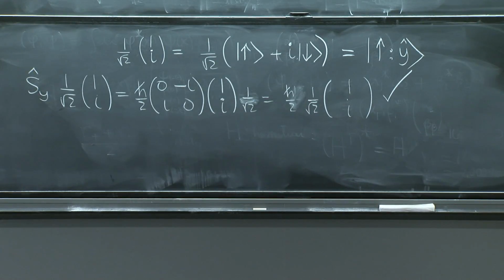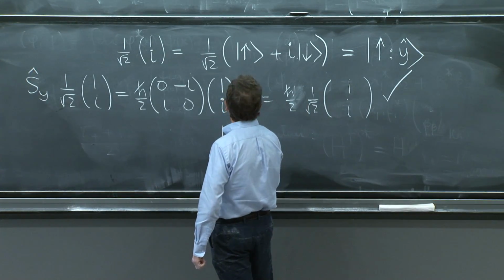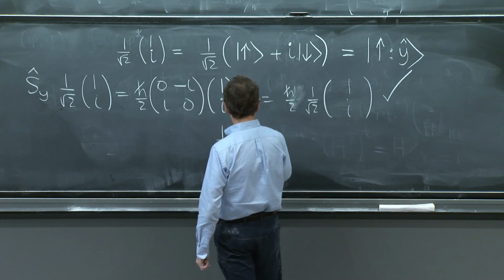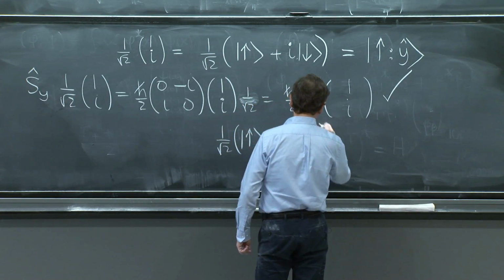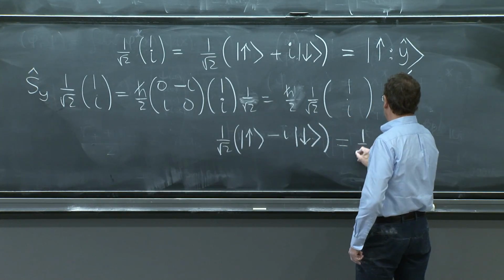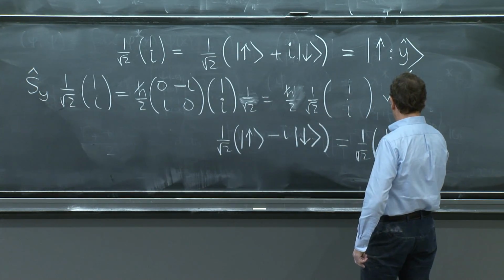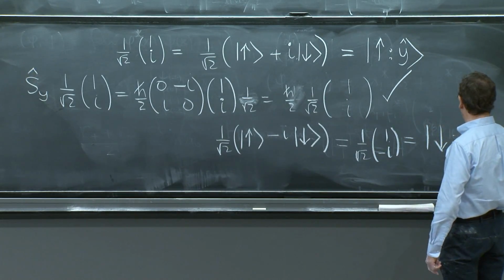And the spin down along the y direction would be up minus i down. This is orthogonal to that vector. It's (1, minus i), and it's the spin down in the y direction.